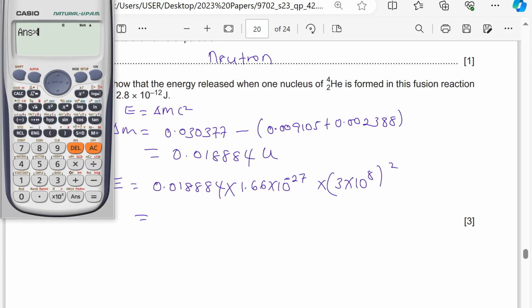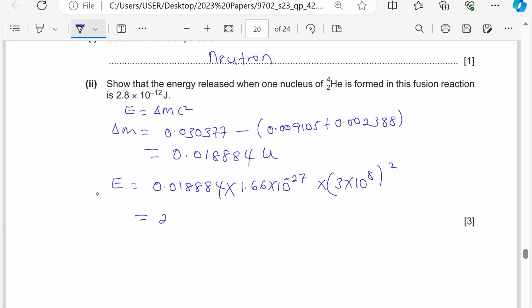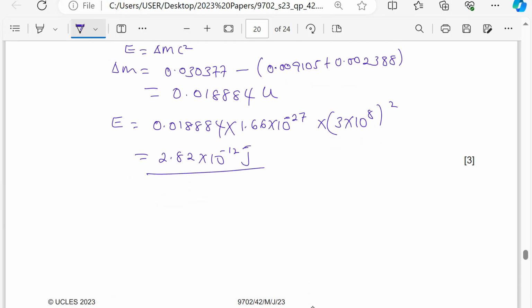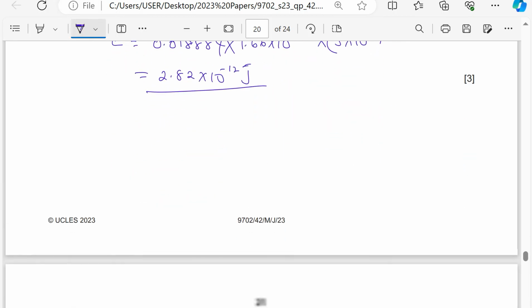So this is 2.82 times 10 to the power of minus 12 in joules. So that is already shown.